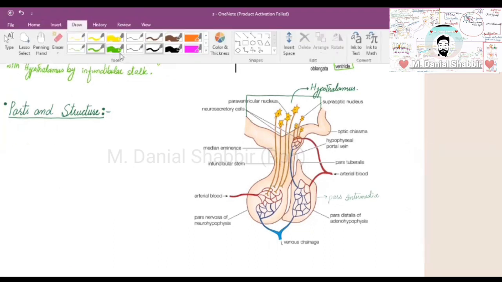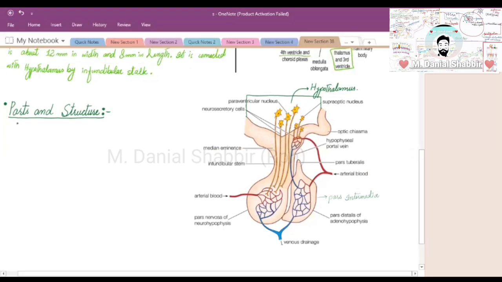The pituitary gland is divided into two parts, or you can say lobes.